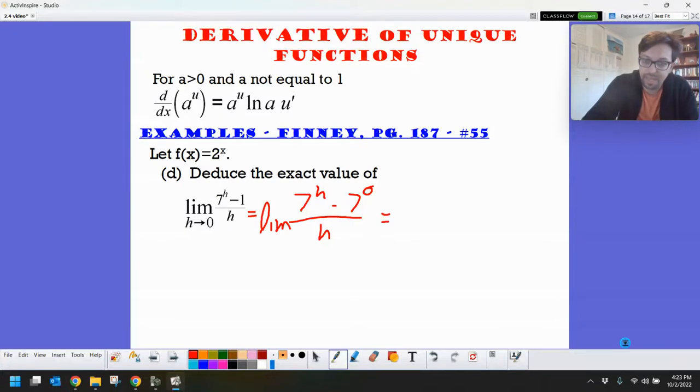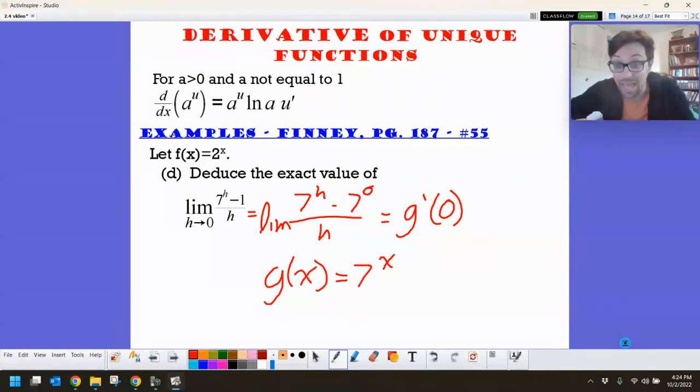This is basically asking what is the value of the derivative of something. So we could say let's call it g prime of 0 for g of x equals 7 to the x. I wrote it, but I wasn't saying it right.